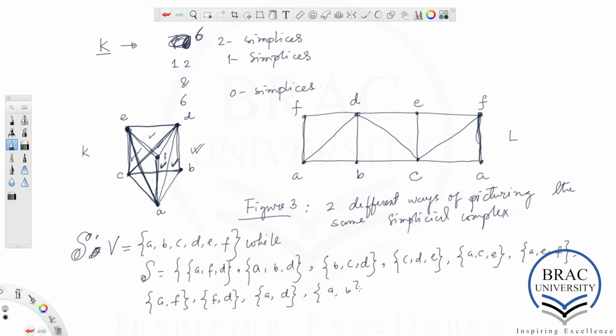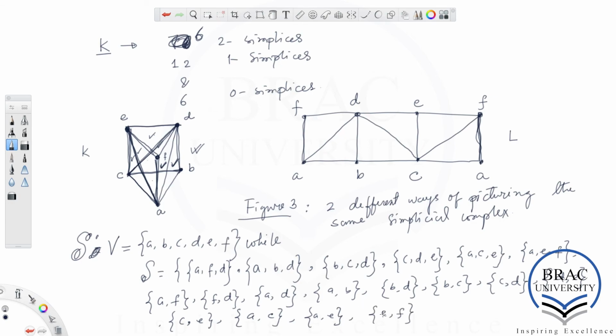Then we have AB, BD, BC, CD, DE, CE, AC, AE, and EF.